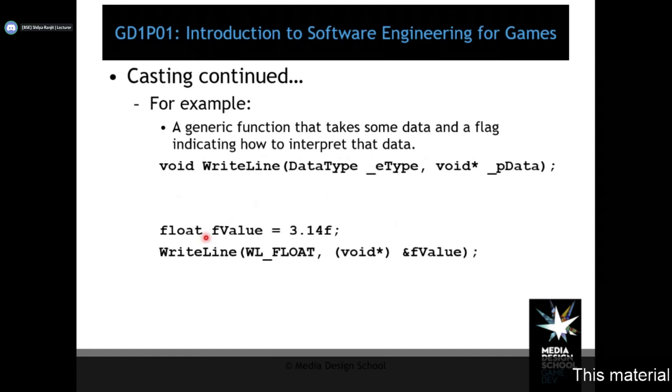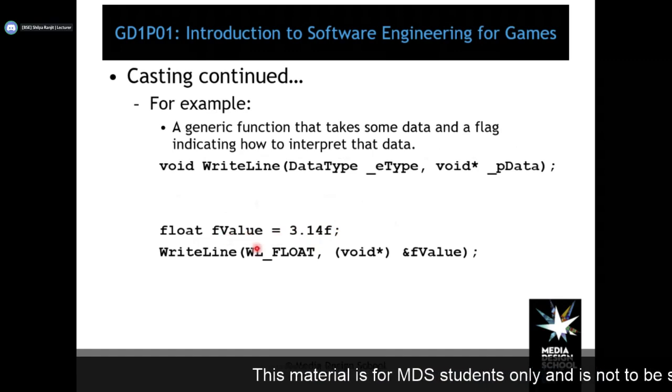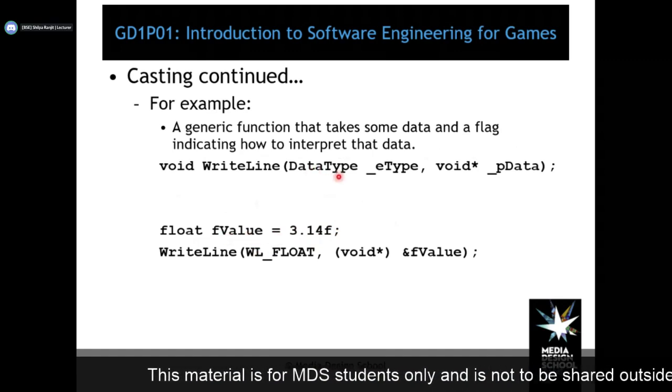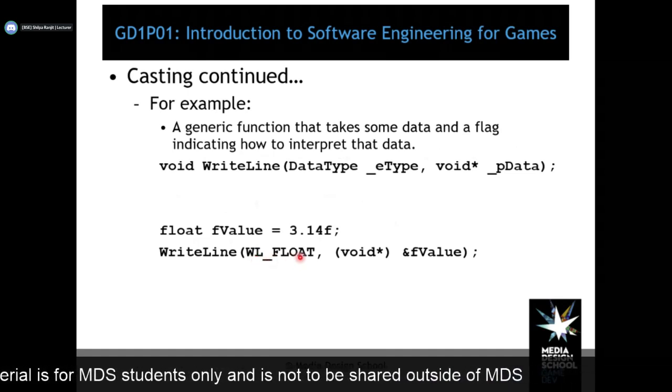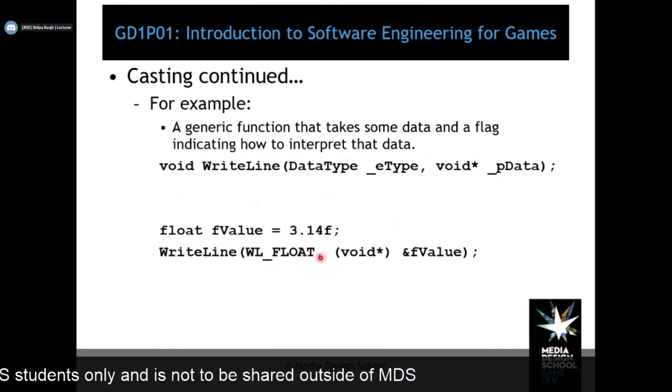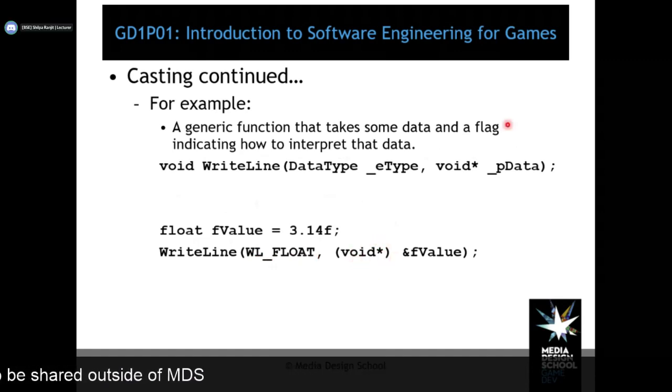So in this example, I've got a floating point variable, f value. Since I'm passing a floating point, the data type enum that I'm passing will be WL underscore float, which indicates that the data I'm passing is a floating point. And the second one will be an address, because I want to pass the address of f value to this pointer.